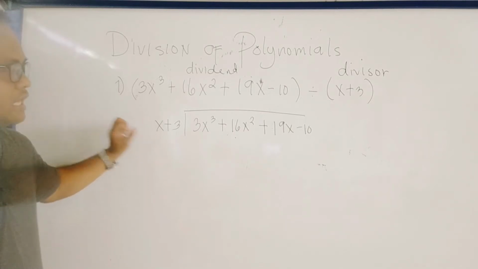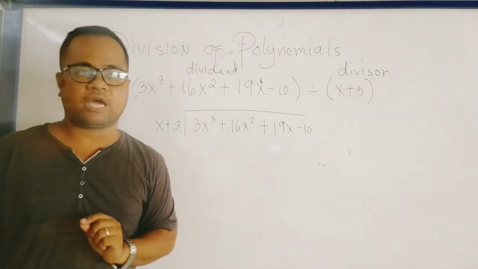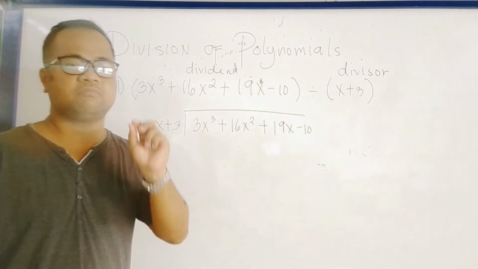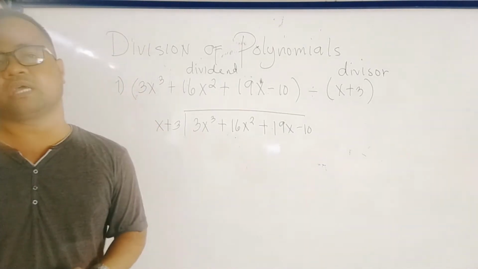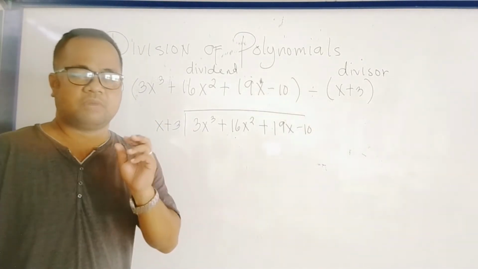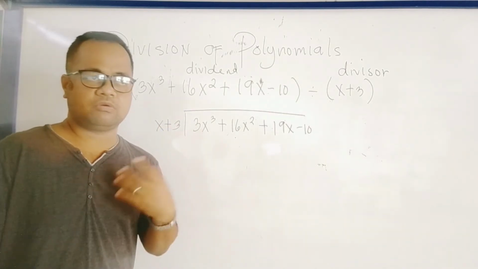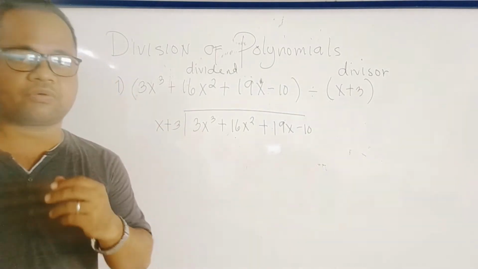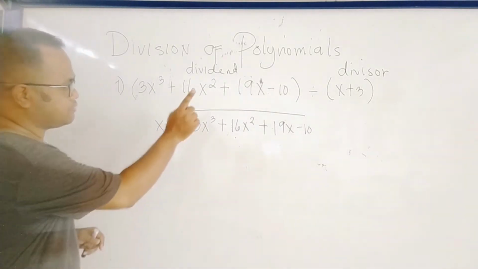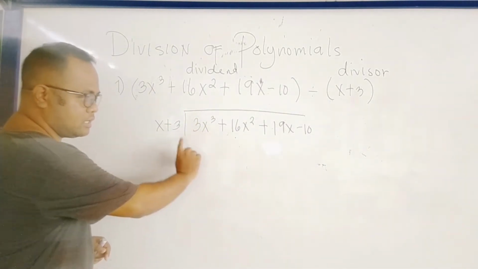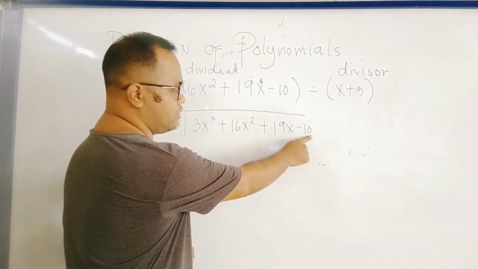Then, you have to remember that the exponents of the divisor and the dividend must be arranged in decreasing powers. What do we mean by that? When we say decreasing powers, you have to write the highest exponent first down to the 0 or the lowest exponent.